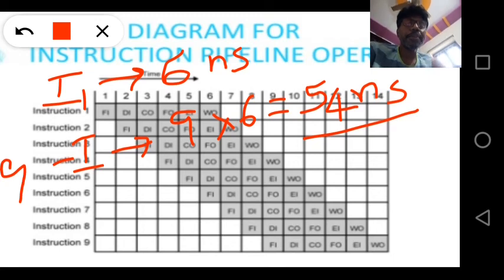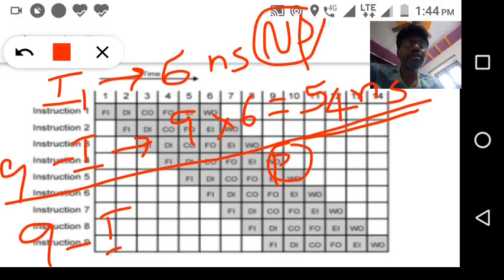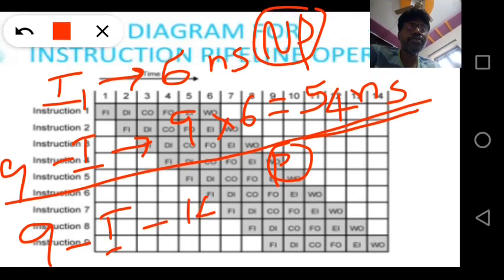If it is pipeline, what's happening? For completing 9 instructions in case of pipeline, this is for non-pipeline. In case of pipeline, it is taking 14 nanoseconds.